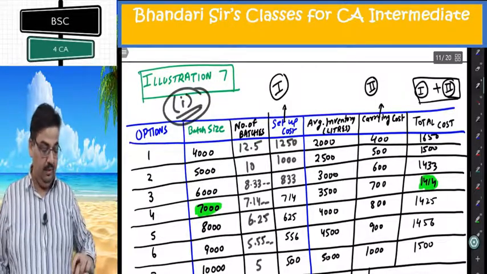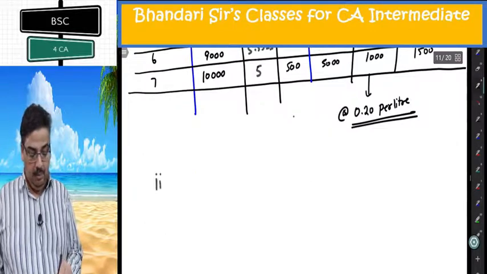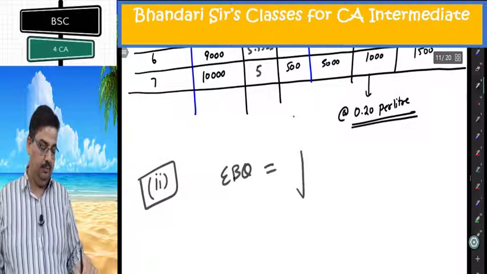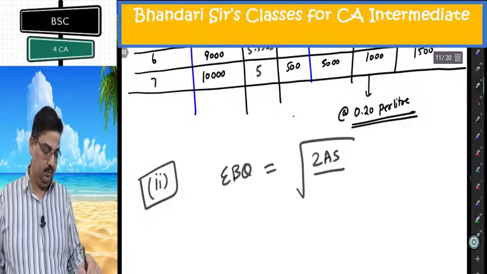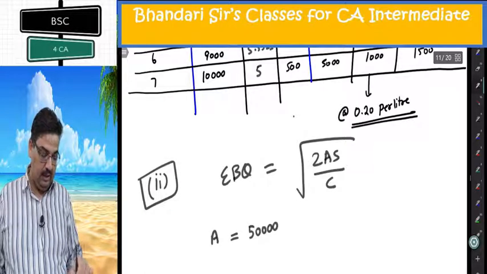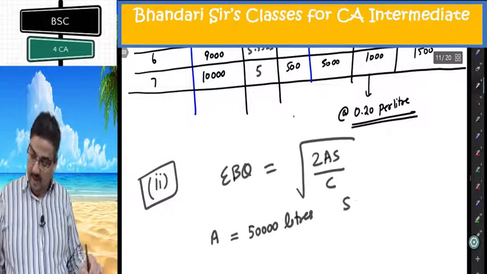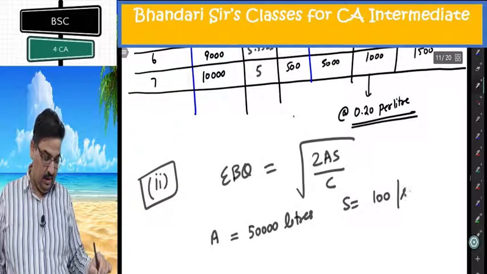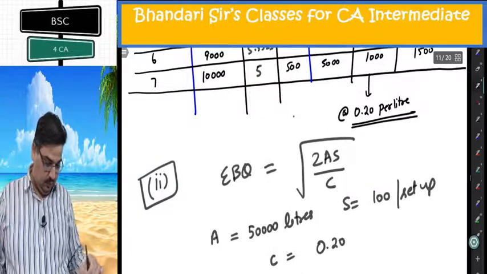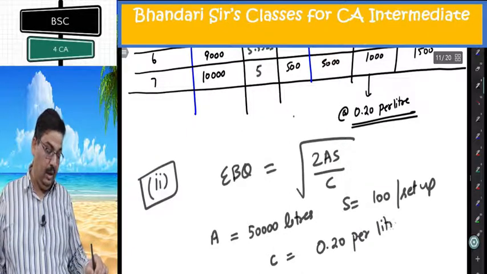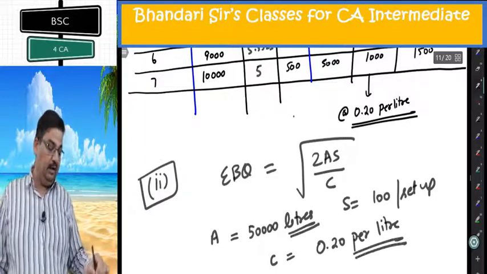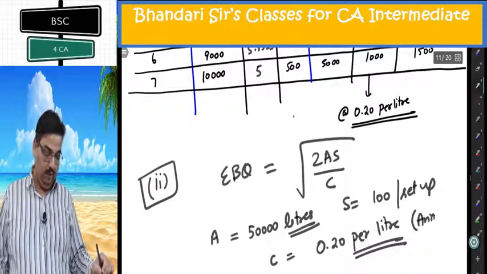In the second part, he wants me to compute EBQ by formula. A, annual requirement 50,000 liters. S, 100 per setup. C, 20 paisa per liter. I don't need per square meter; I need per liter because this is liters. This is annual already.